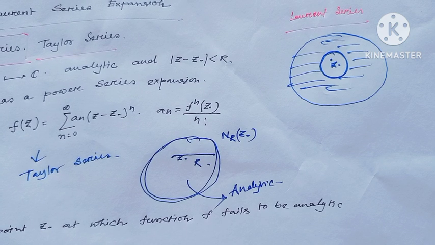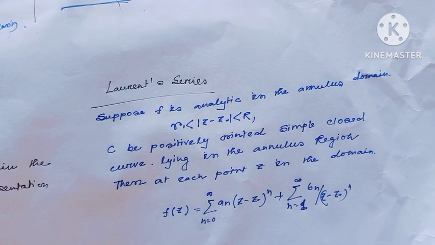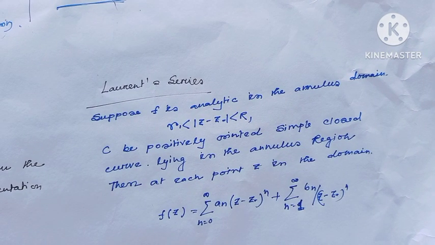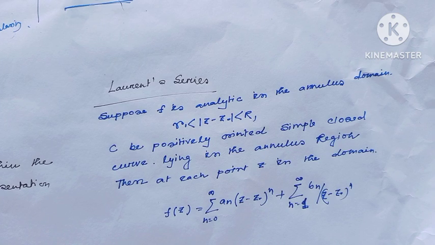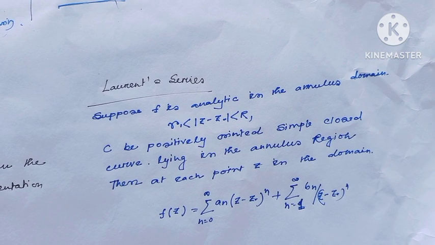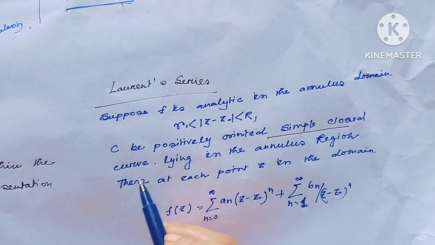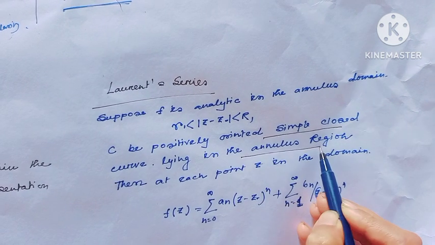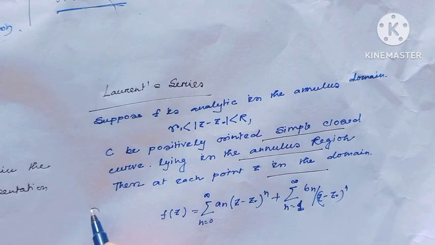That means the Laurent's theorem, the theorem of the Laurent series, is: suppose f is analytic in the annular domain, small R1 less than modulus of z minus z0 less than capital R1, where C is a positively oriented simple closed curve lying in the annular region, then at each point z in the domain.